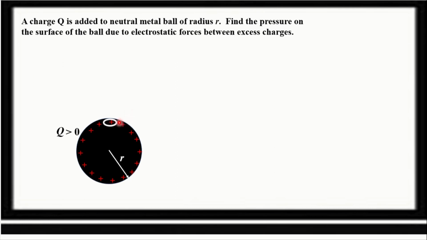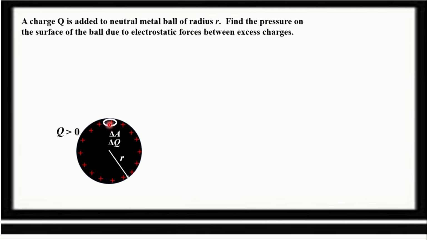Then we select a small area on the surface of the ball. This area is equal to delta A, and inside the area we have charge delta Q. This charge interacts with the charges outside this area, and this interaction is repulsive according to Coulomb's law.